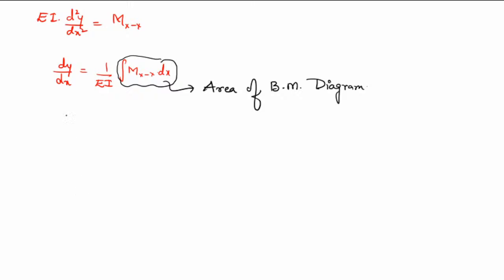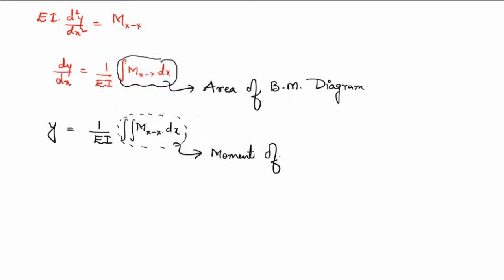Upon double integrating, y equals 1 by EI times the double integral of Mx dx, and this term is the moment of area under the bending moment curve.